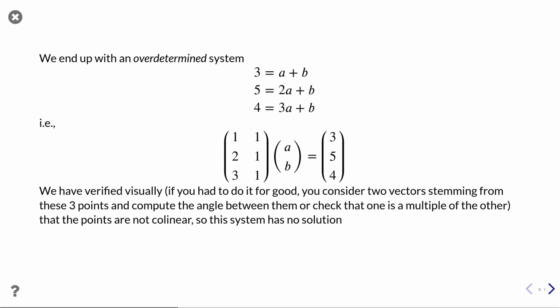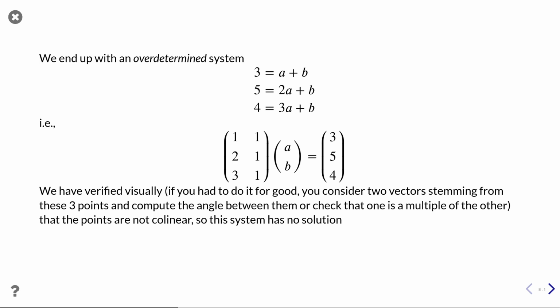We've checked that the points are not on a straight line, so we know right away that this system is not going to have a solution. If the 3 points were on the same line, we would find a solution. One of the equations would be essentially a multiple of the other, but this is not the case.